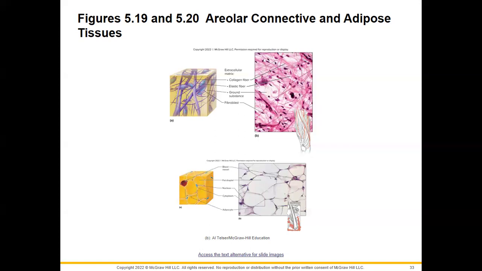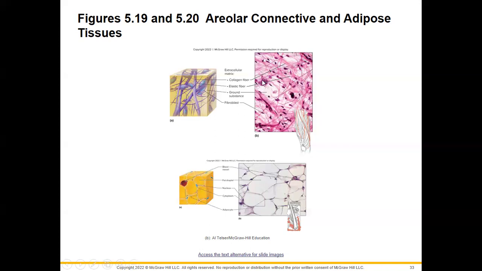So that is what that is in this areolar connective tissue. When you see tissue under the microscope that looks like this, it is going to be your areolar connective tissue. Lots of fibroblasts, these elastic fibers running throughout the tissue, and these collagen fibers running throughout the tissue with some ground substance.